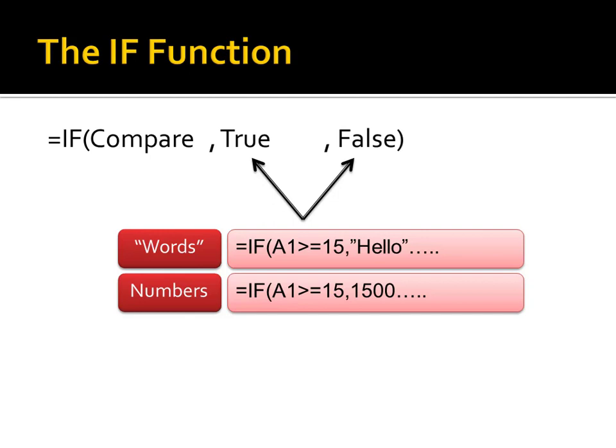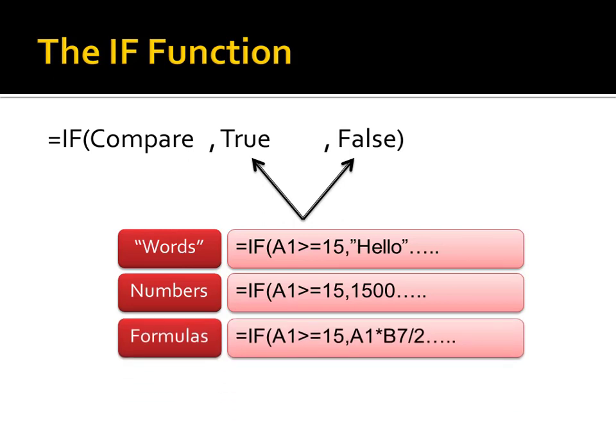Okay? We also learned that we can put in formulas. If A1 is greater than or equal to 15, put in the answer to A1 times B7 divided by 2. Or put in a different formula altogether. But I'm just trying to point out that we learned from a previous video that we can put words or numbers or formulas both in the true section and the false section of our if function.